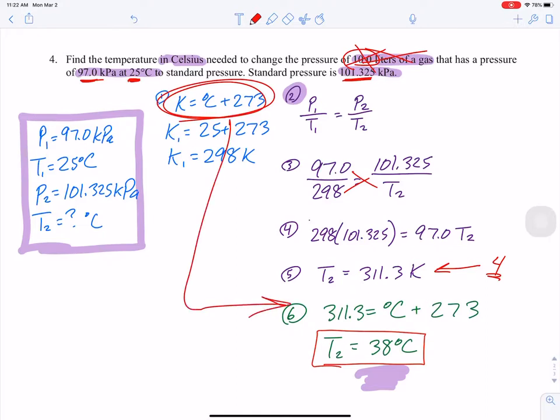Right, that's what I'm using here in step 6, except for now I have my temperature in Kelvin. So now 311.3 minus this 273 is going to give me my degrees Celsius. And as we said, because that 25 degrees Celsius is the least amount of sig figs, we round to 2 sig figs and make sure we've got units on that answer.